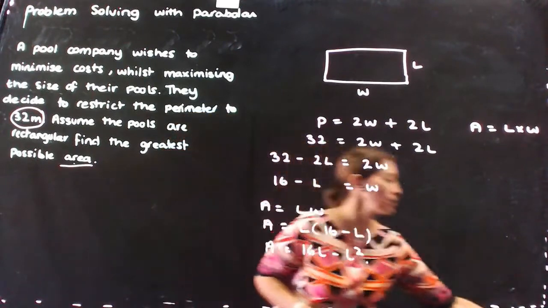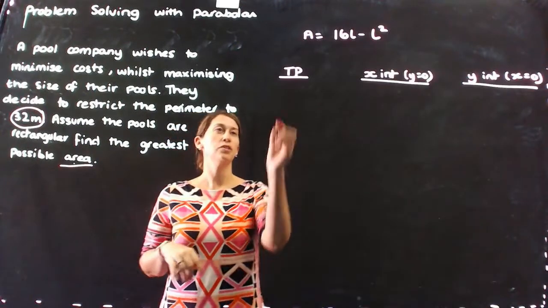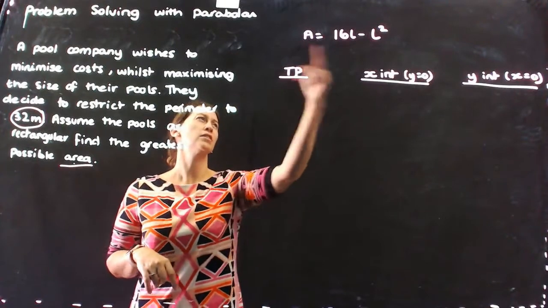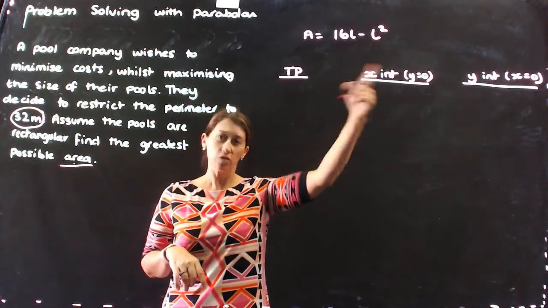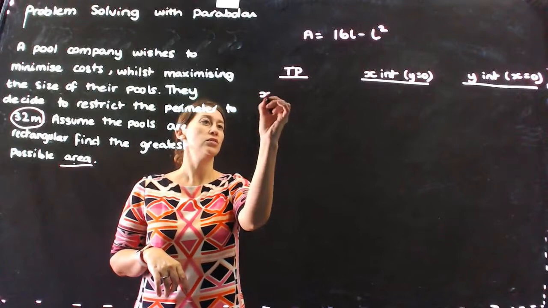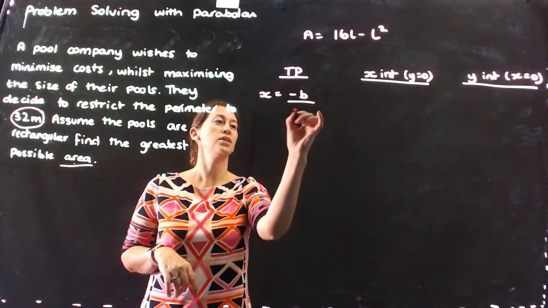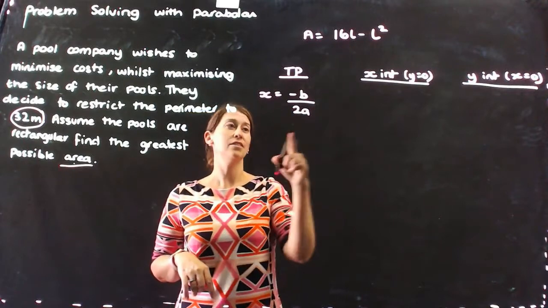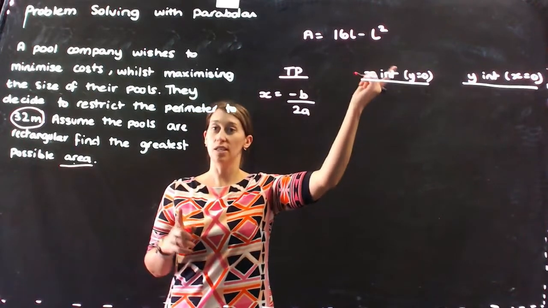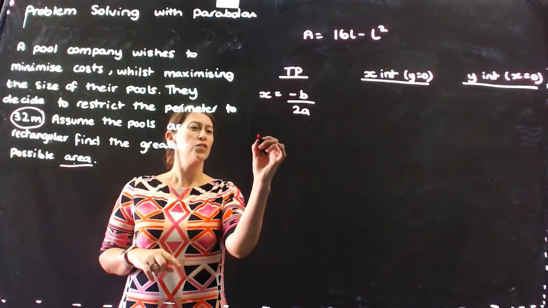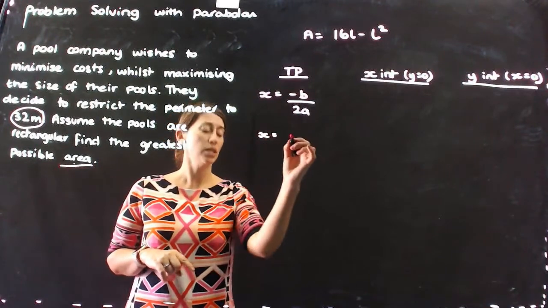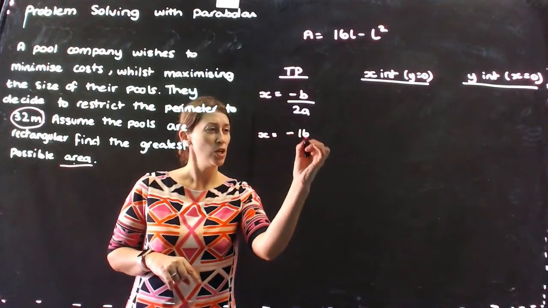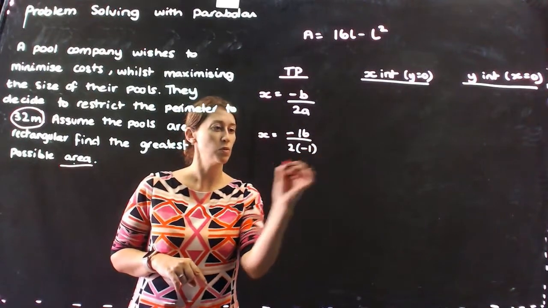So let's begin with the turning point first of all. Just a reminder that this quadratic is in general form, so we use the formula minus b over 2a, where b is the coefficient of the L, and a is the coefficient of the L squared. So x will be minus 16 over 2 multiplied by minus 1.